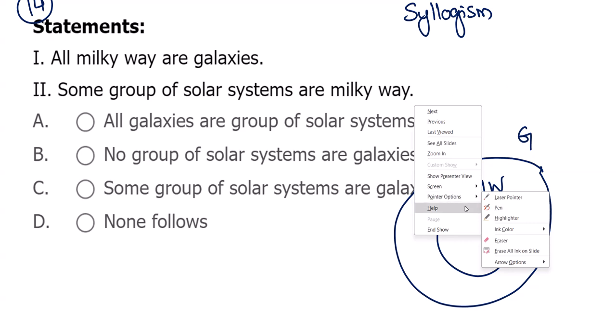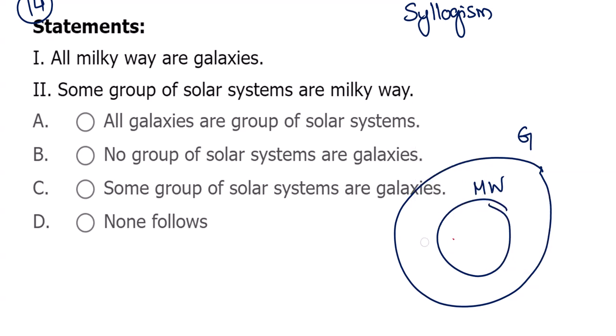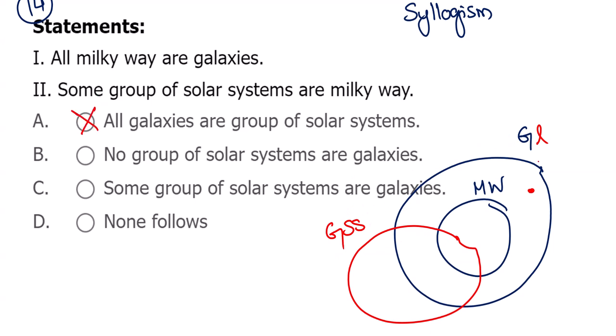So some part of solar systems are Milky Way. So this is solar system. A part of that is involved in Milky Way. Right now, all galaxies are group of systems. This is galaxy, but not in group of solar systems. Galaxy not involved in group of solar systems.